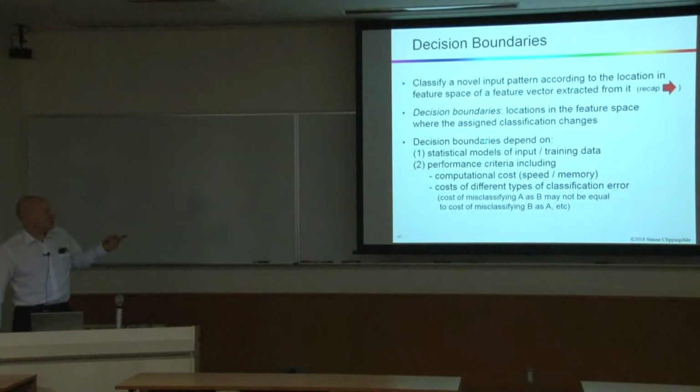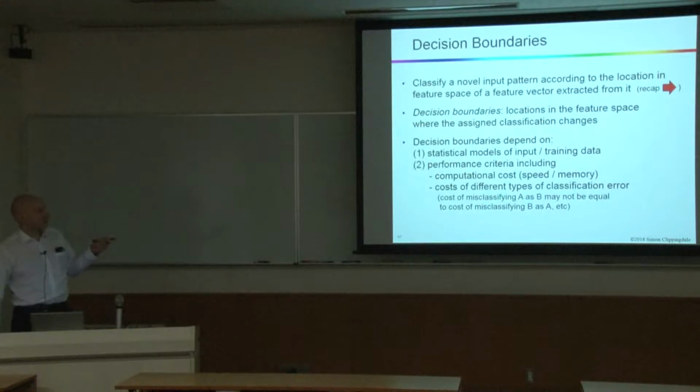So the decision boundaries that you're going to use are going to depend on statistical models of the input and the training data, the distribution of your data, and on performance criteria: how much computation you can do, how much memory it involves, how fast it needs to go, and the costs of getting it wrong. If you get the classification wrong, it may not give you a uniform cost.